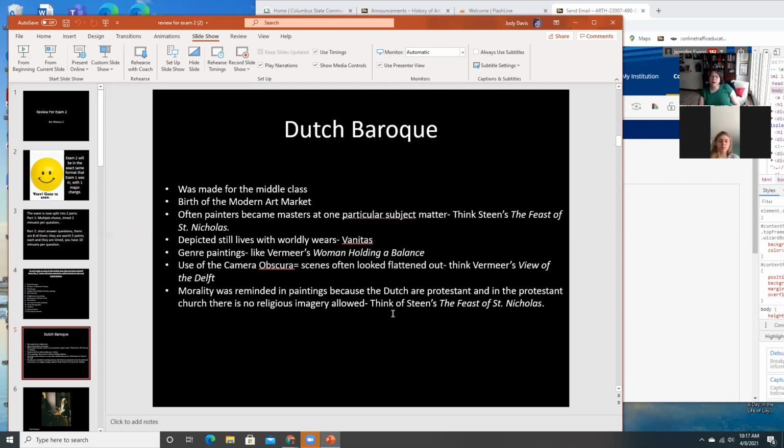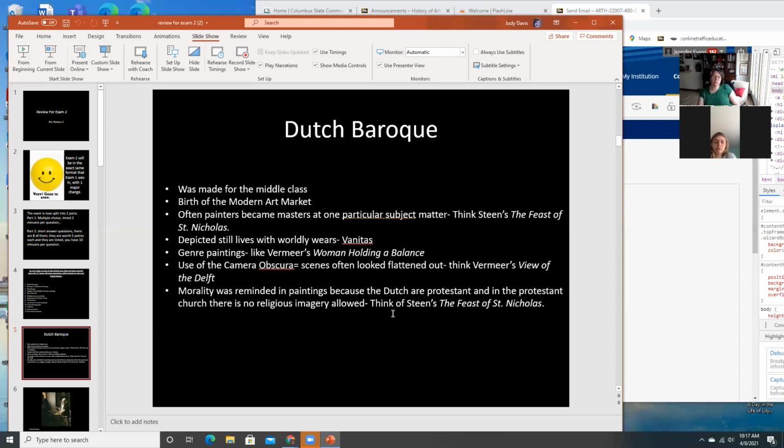We also have a new type of painting called the vanitas. The vanitas was a still life that was customized. It was customized by collecting certain things that the commissioner owned and putting them into the painting so that the purchaser of the art would identify with that work of art.